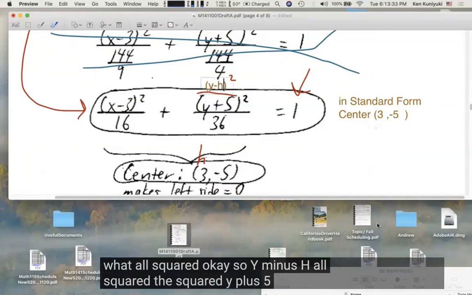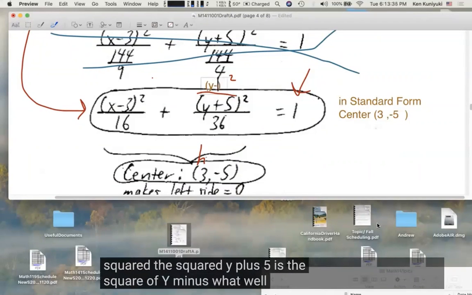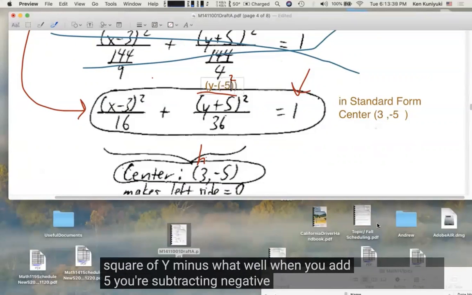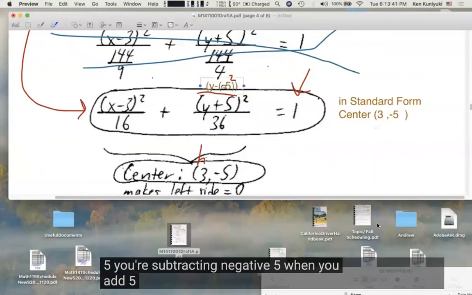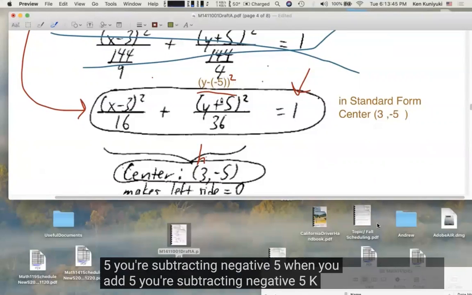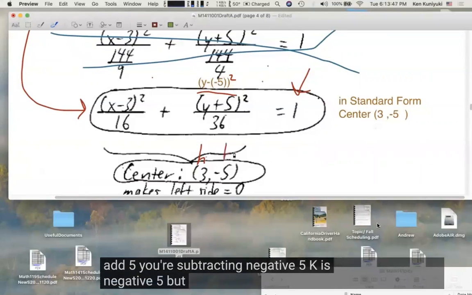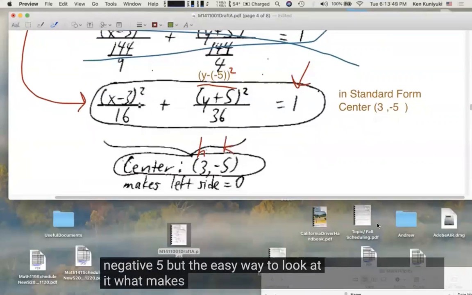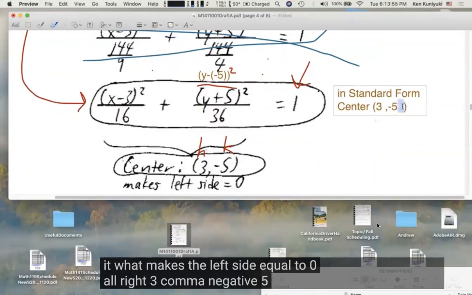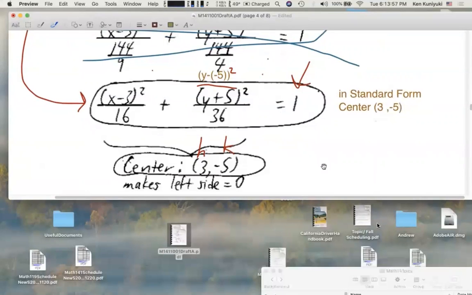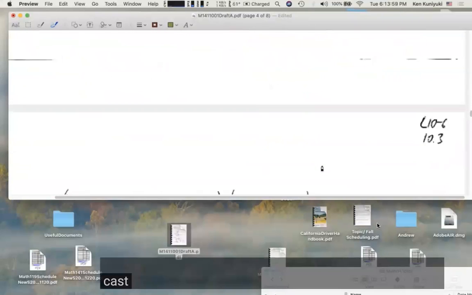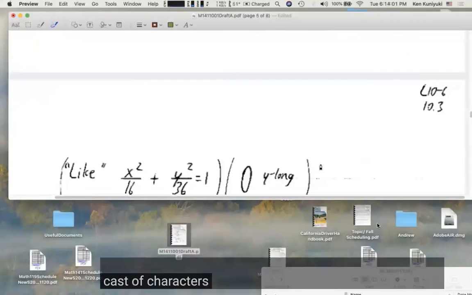The square of y plus 5 is the square of y minus what? Well, when you add 5, you're subtracting negative 5. K is negative 5. But the easy way to look at it, what makes the left side equal to 0? All right, 3 comma negative 5. Cast of characters.